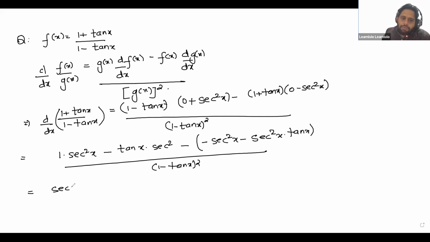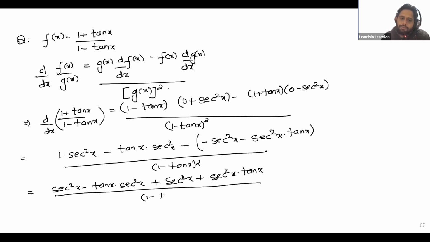So this is sec square x minus tan x into sec square x. Open this bracket, you will get plus sec square x and plus sec square x tan x, by 1 minus tan x whole square. This will cancel out and this will give you 2 sec square x by 1 minus tan x whole square.